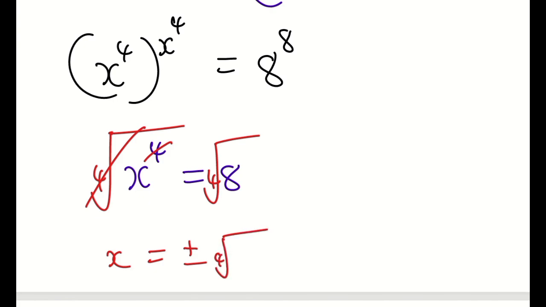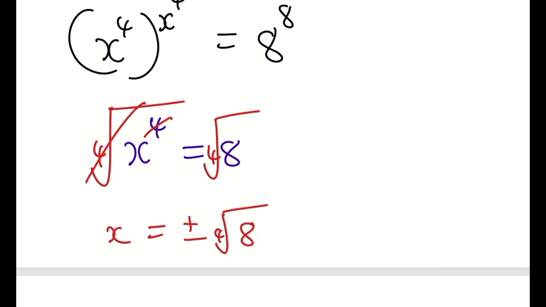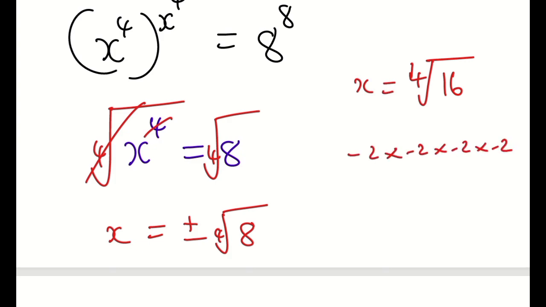The fourth root of 8. Because let me tell you something. I'm not going to use 8. Let me use another thing. So let's say you want to have 16. You want to find the fourth root of 16. You will not say the fourth root of 16 is 2, it's plus or minus 2. That's if you have it as an equation. Because minus 2 times minus 2 times minus 2 times minus 2 is 16.